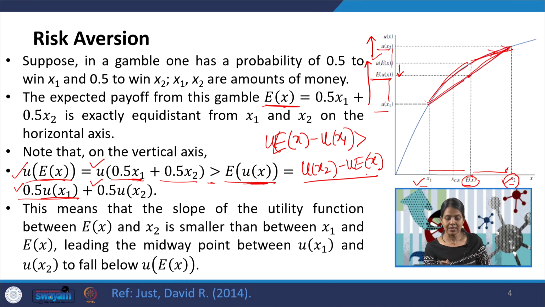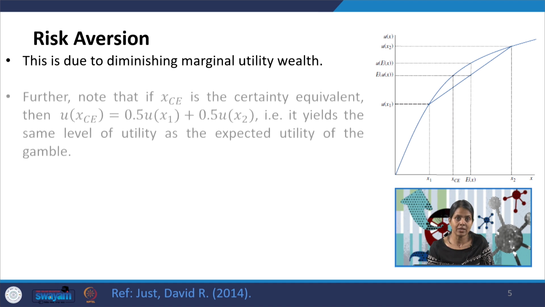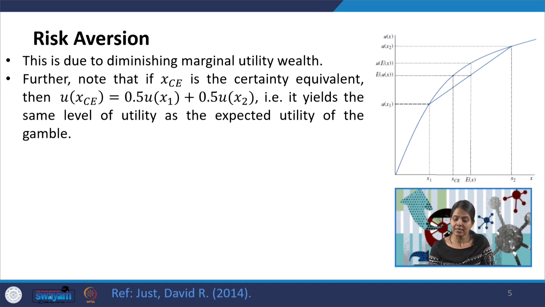So, this implies that utility is increasing at a decreasing rate as we move from x1 to the midpoint to the larger amount x2. This is due to the diminishing marginal utility of wealth. Further, note that if XCE is the certainty equivalent, then U(XCE) is equal to 0.5 U(x1) plus 0.5 U(x2). So, this is exactly equivalent to this number, the expected value of U(x).